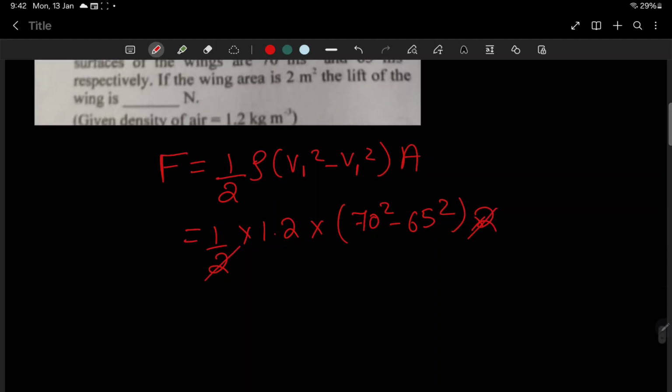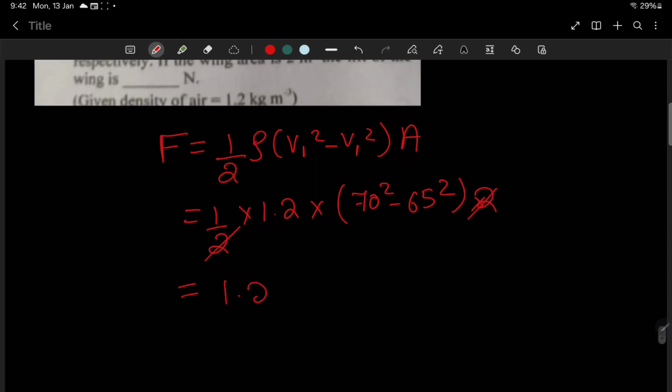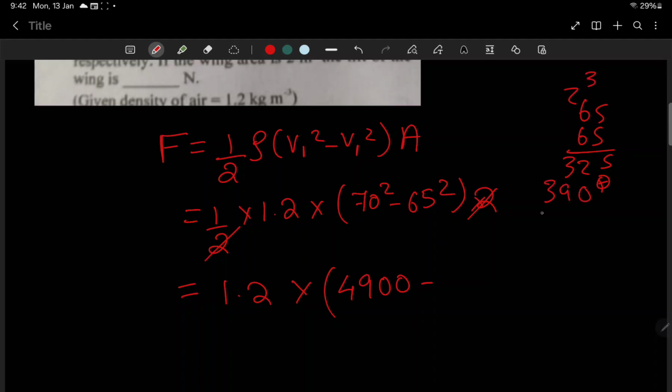So this 2 cancels. We get it as 1.2 into 70 into 70, how much? 4900 minus 65 into 65.